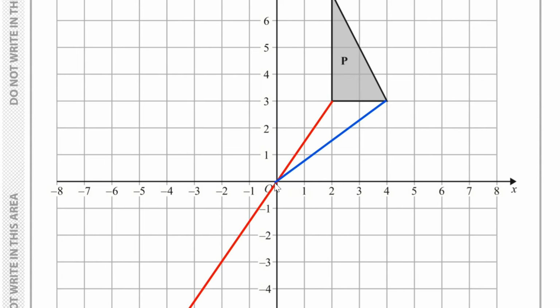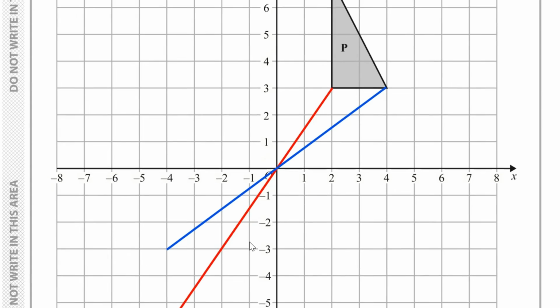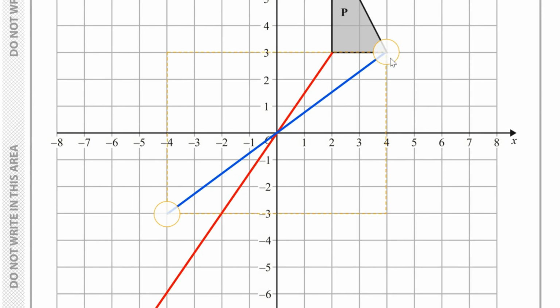So if I show that in the opposite direction, 4 across and 3 down, got something looking like this. And if I just simply extend this, then here we're going to have 4 across and 3 down, so we go down here somewhere. Okay?